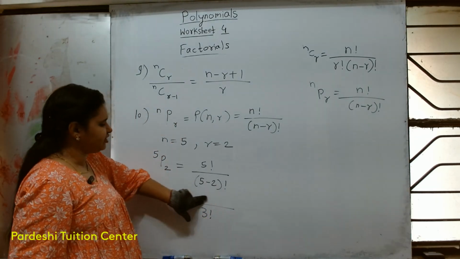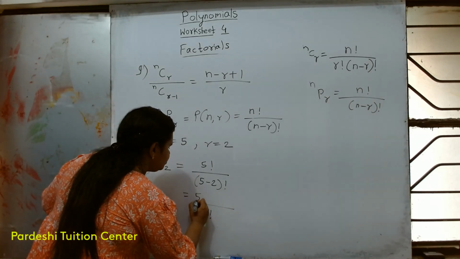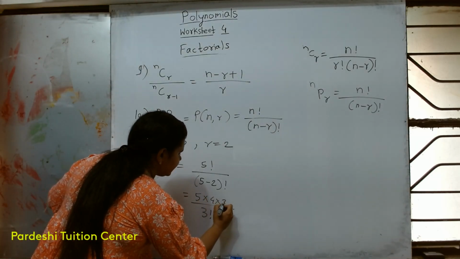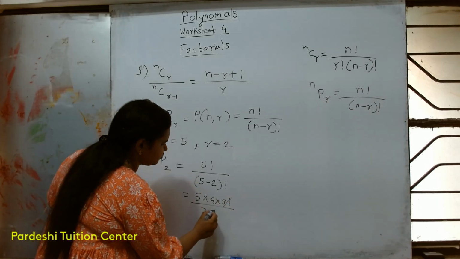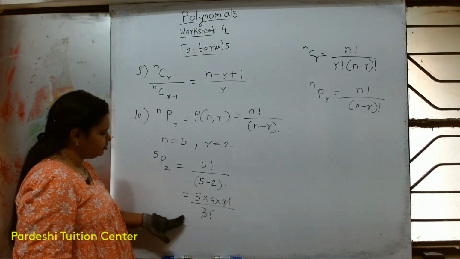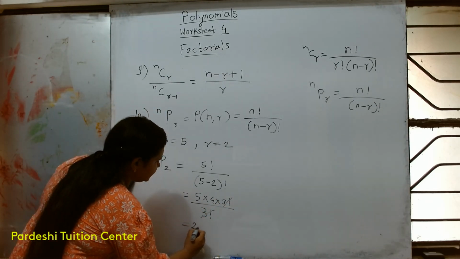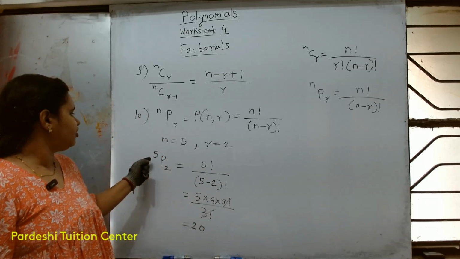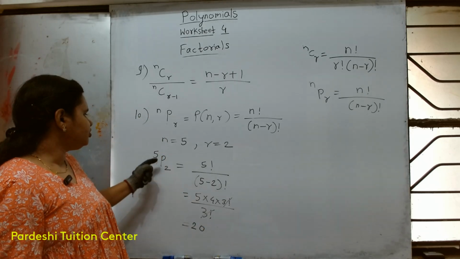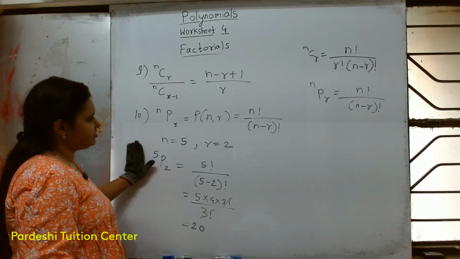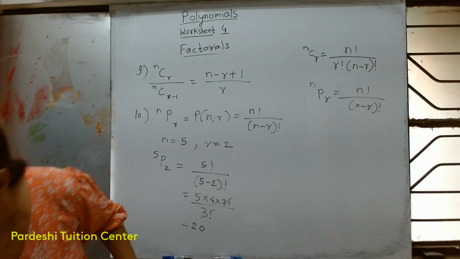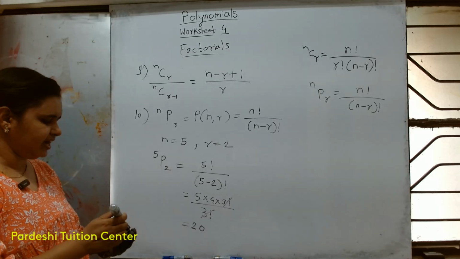I can write 5 factorial as 5 into 4 into 3 factorial, because I can cancel 3 factorial and 3 factorial. So it will be 5 fours are 20. So the value of permutation 5P2 equals 20. It is just like combination, you put the values of n and r and check it.